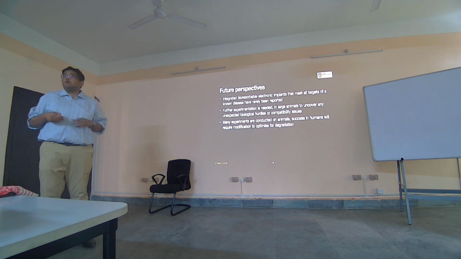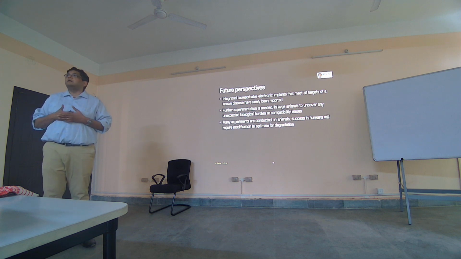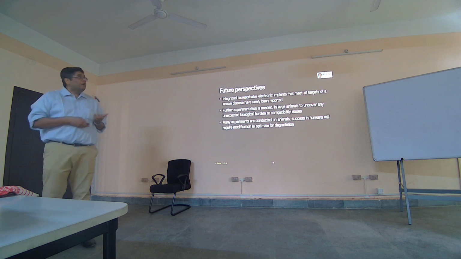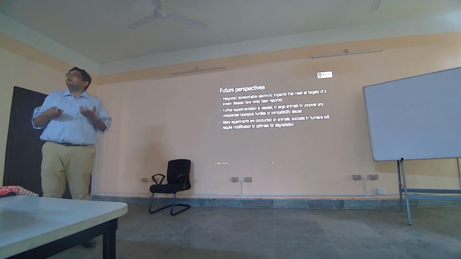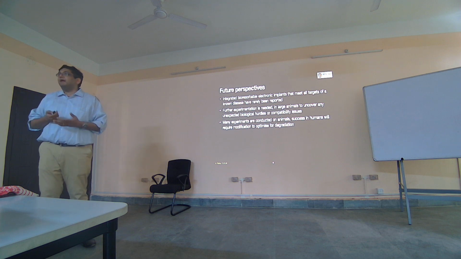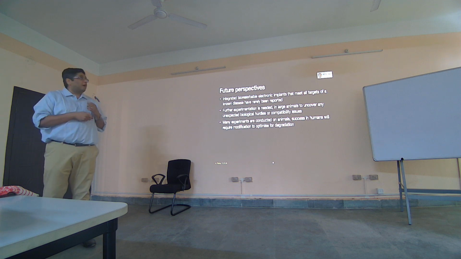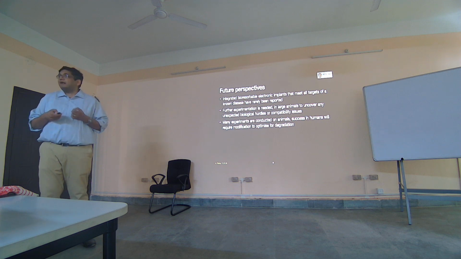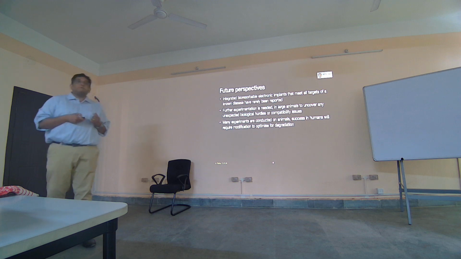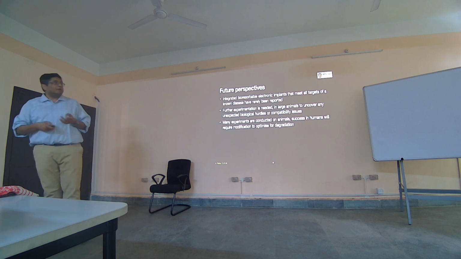For example, suppose I want to create an entire system to track, say, a diabetes patient or to track an AIDS patient, right? Those things have not yet been reported. We have not yet figured out what's the right system to build for monitoring or for recuperating or for recovery, targeted to a specific disease. So that is something which is still lacking because we don't have a lot of flexibility.